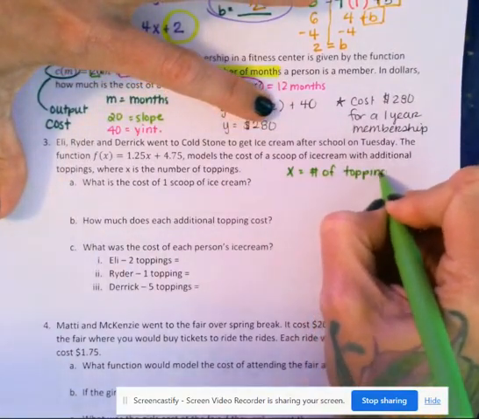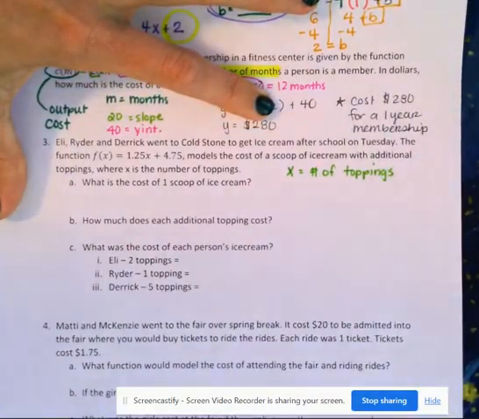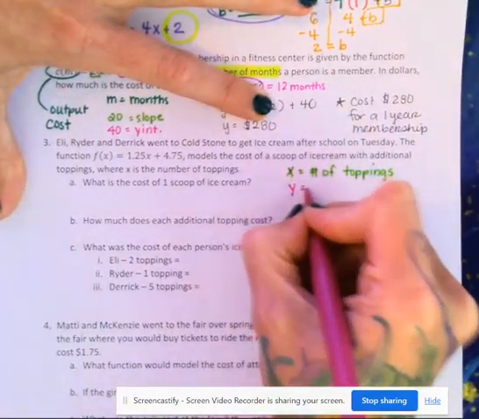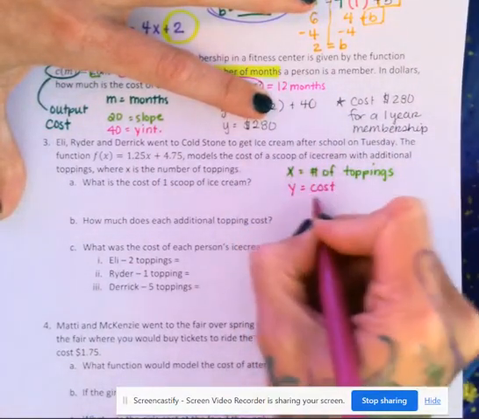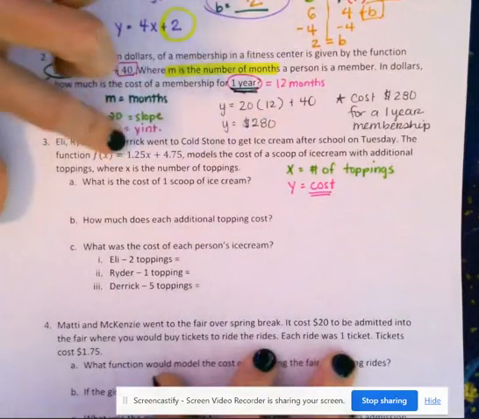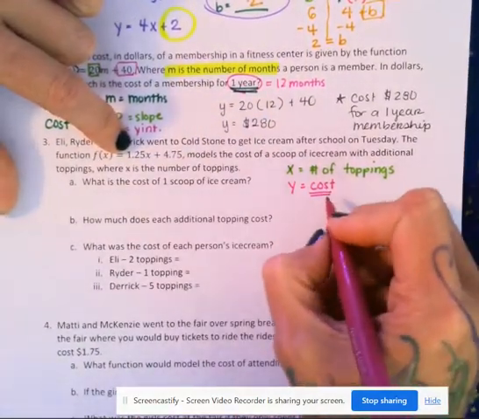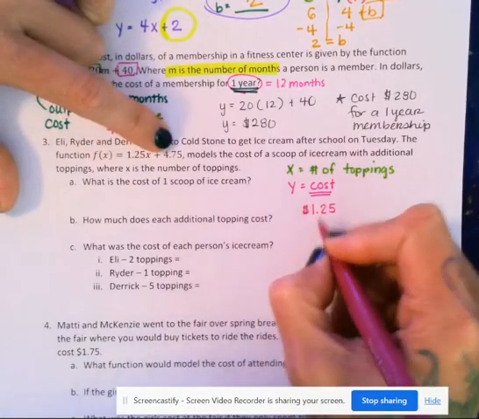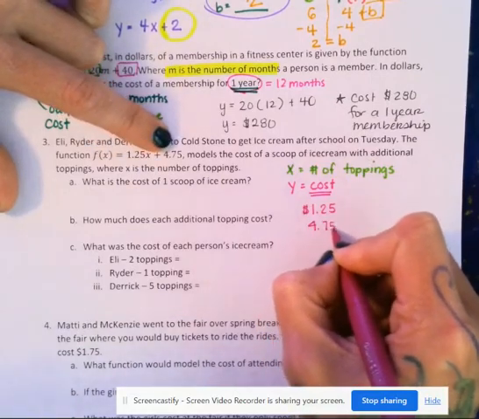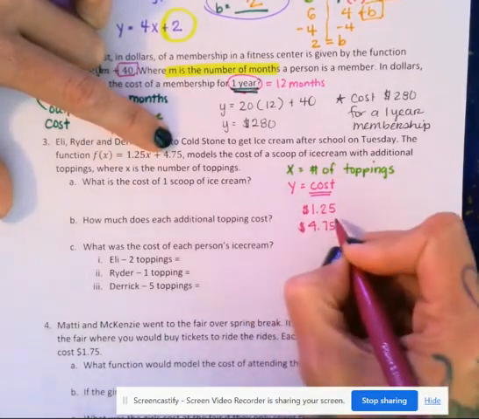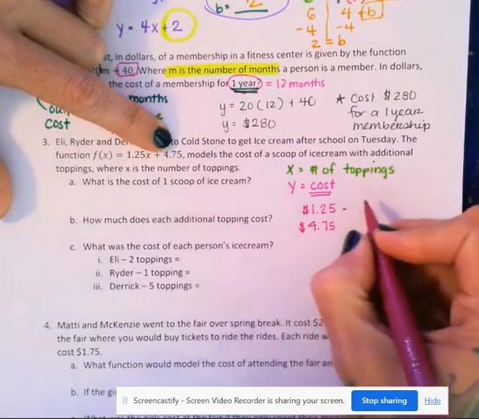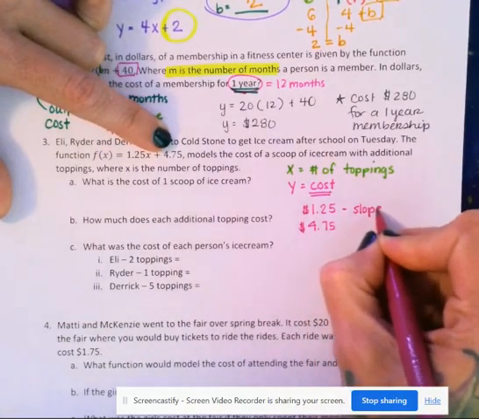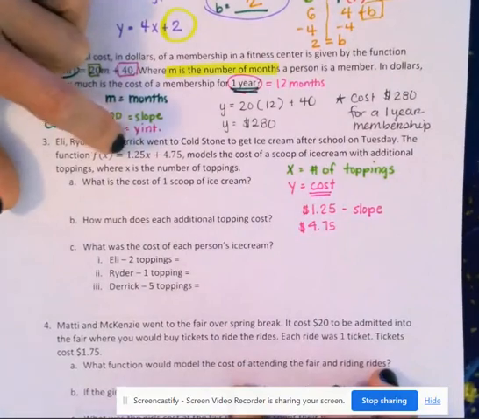What is y? y is going to be the cost again. So knowing that y is cost, that 1.25 is definitely money, and our 4.75 is also money. The 1.25 is going to be our slope or our rate of change because it's attached to the variable x.